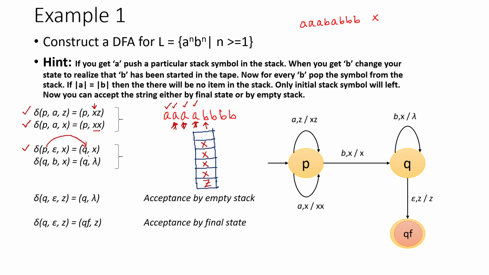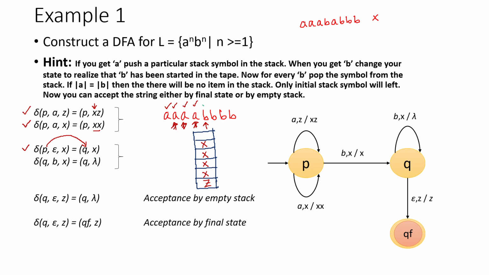But after this, for all the B's I have to pop all these X's. If you are in state Q, now you are not in state P, you are in state Q, and on getting symbol B, if the top of the stack is X, you keep the same state, but you remove one symbol by this lambda.